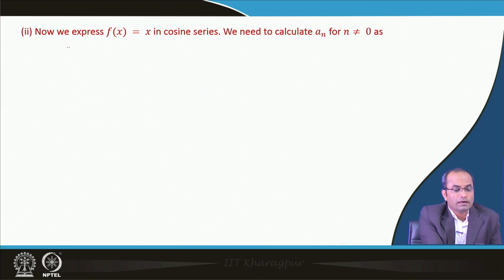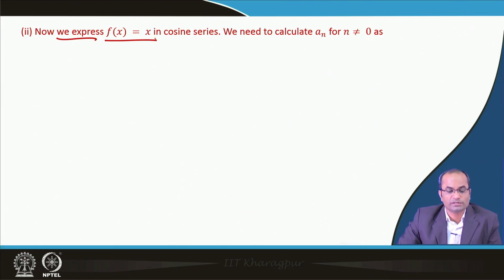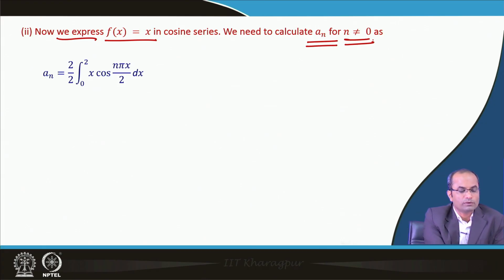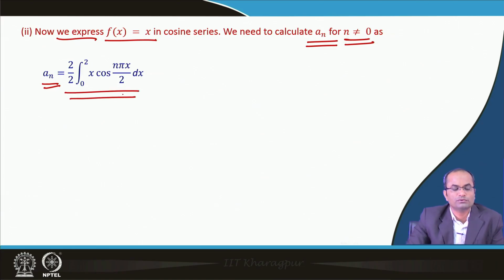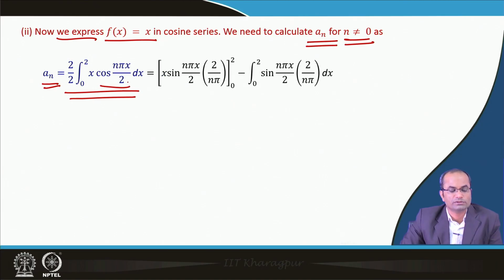Well, we can also express this f(x) = x in the cosine series, and for that we need to calculate now a_n's for n not equal to 0. For a_0 we will do a separate calculation. Here we have a_n again with the same formula, 2 over L, integral from 0 to L of x cos(n pi x / L), and we can integrate this by parts again.